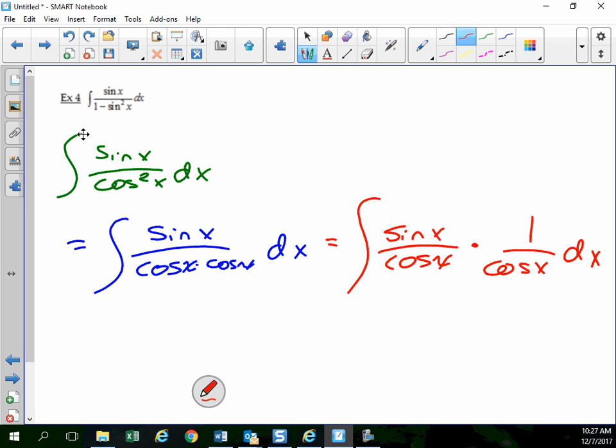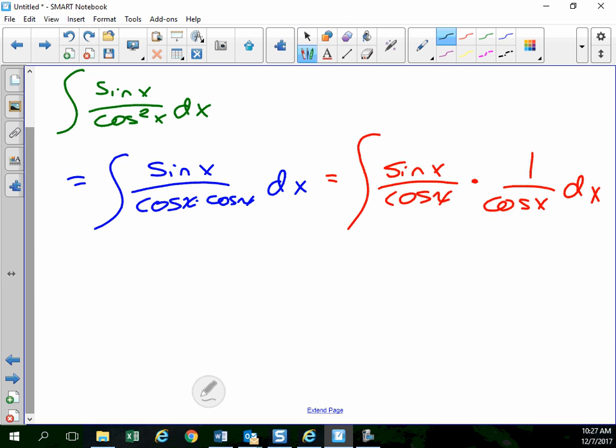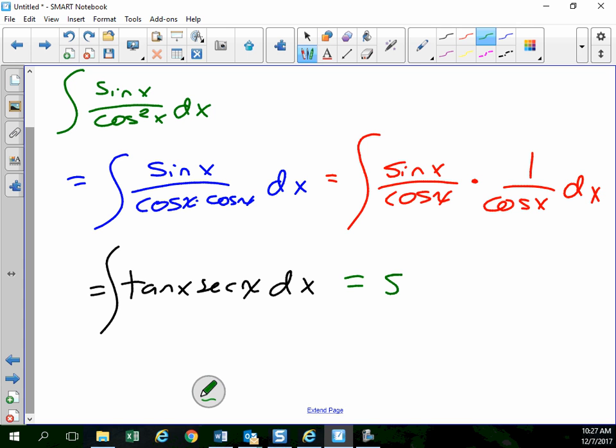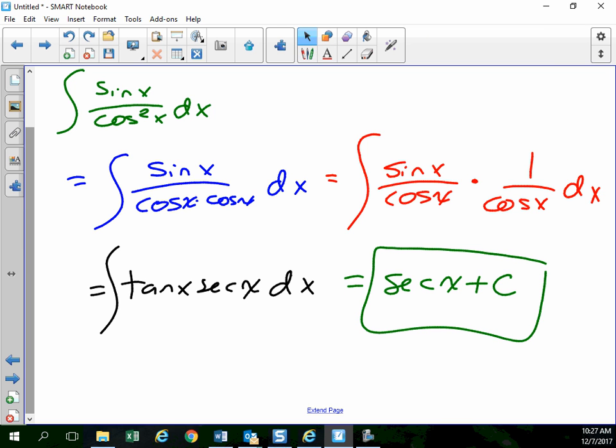And it's a 1 over cosine left over. Notice that again, this is a manipulation of what you have in order to work this.